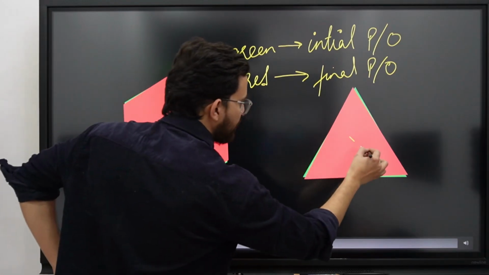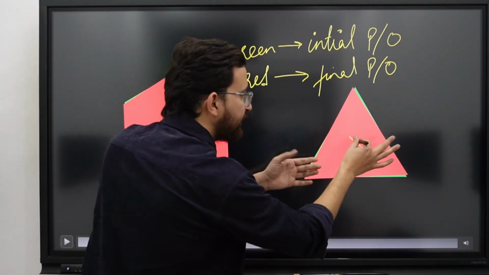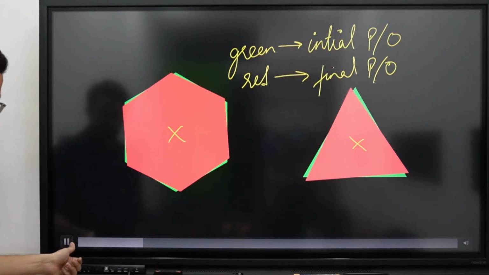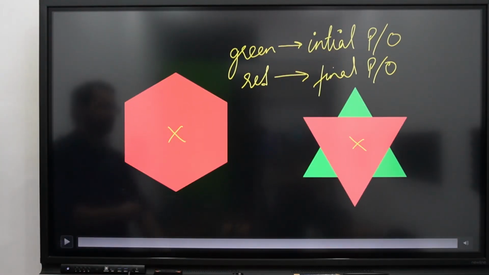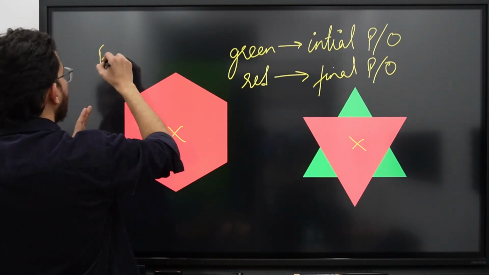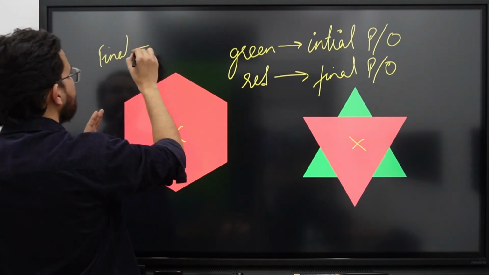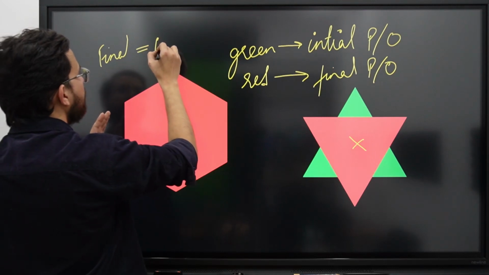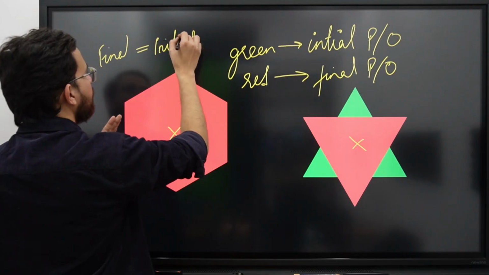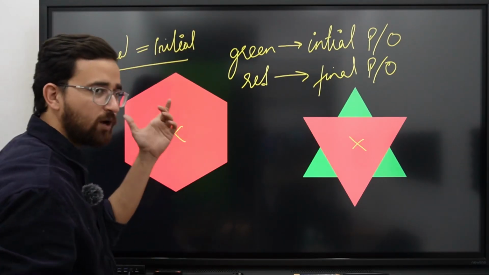These are the rotation axes. The rotation axes are going inside the object and they are rotating in such a manner. What happened for the hexagon? For the hexagon, the final object is exactly equal to the initial object. Both of them overlapped.